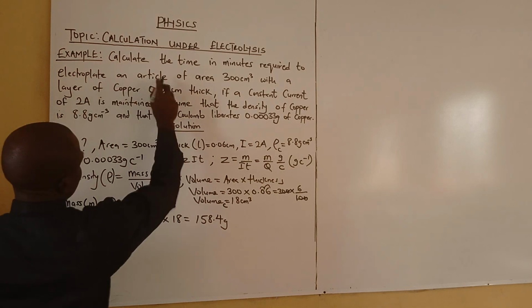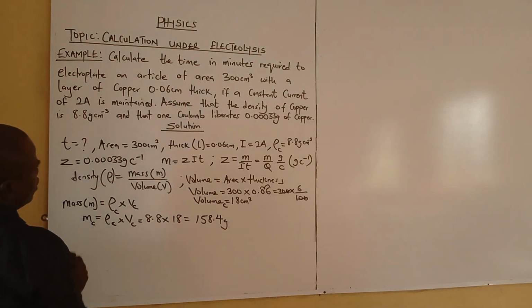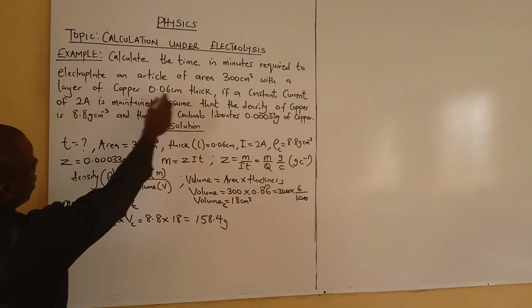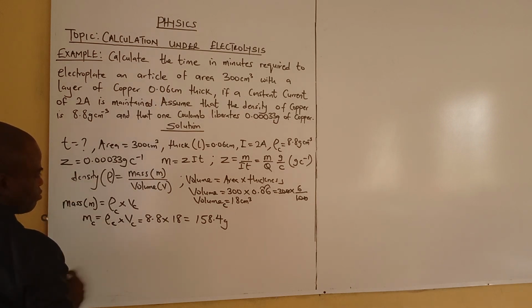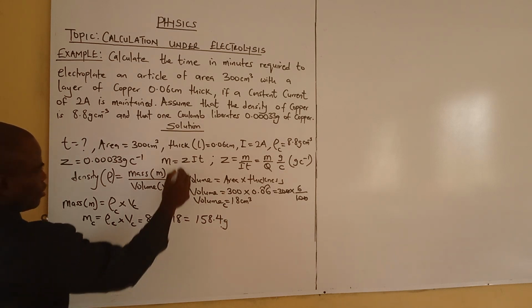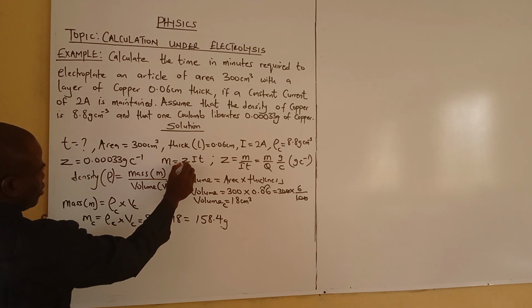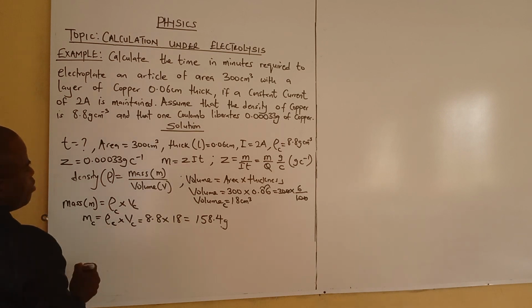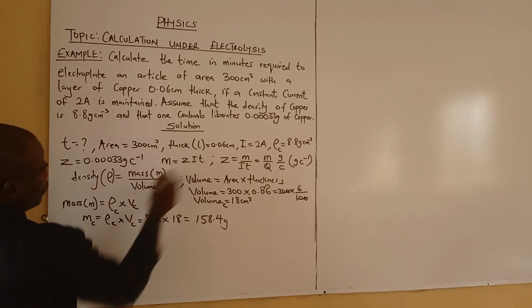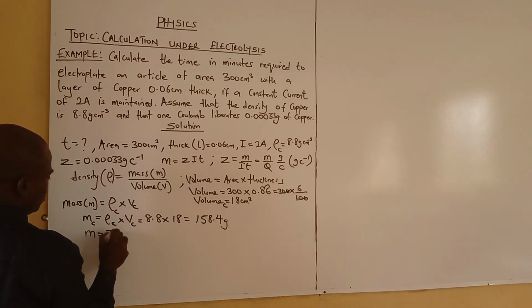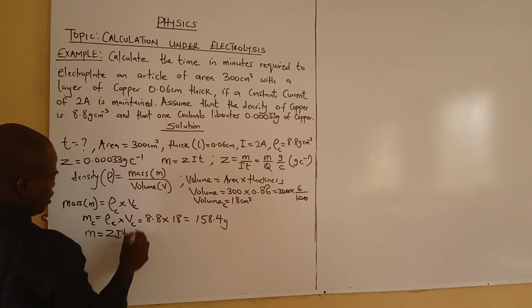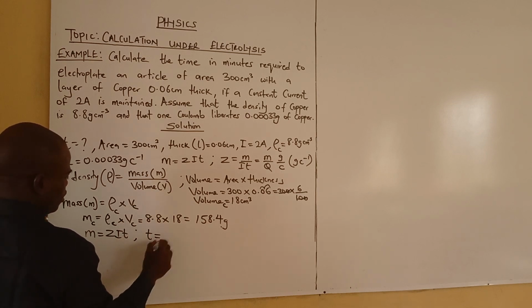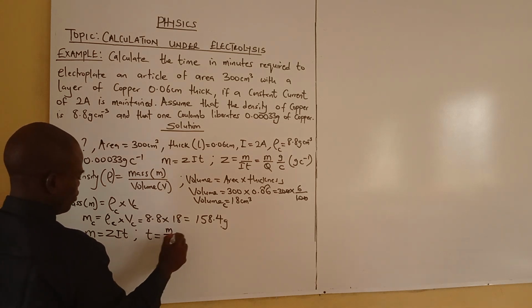You know that we are looking for the time in minutes required to electroplate an article of this area with a layer of copper of this thickness. Now we come to the formula M equals ZIT, and you have time there. Make time the subject of the formula: T equals M divided by ZI.